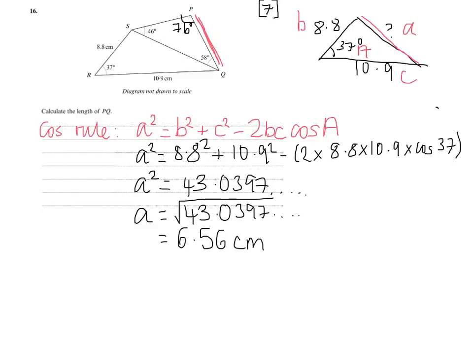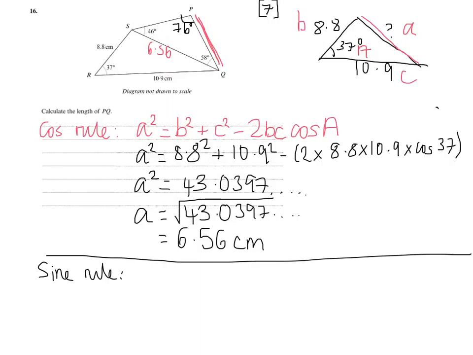So we now know that this side length here is 6.56 centimetres. Now we've got enough information to use our sine rule to work out the length we were actually asked for, which was PQ. Remember the sine rule, there's 2 different ways you can write it.